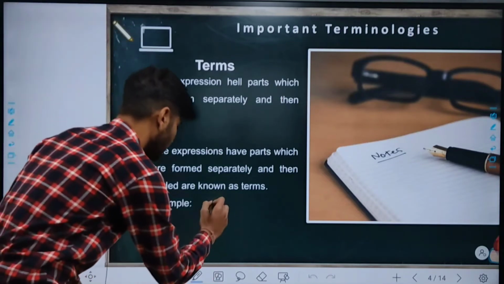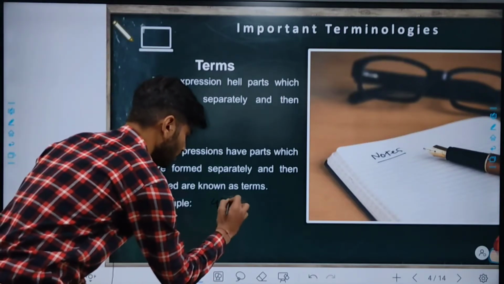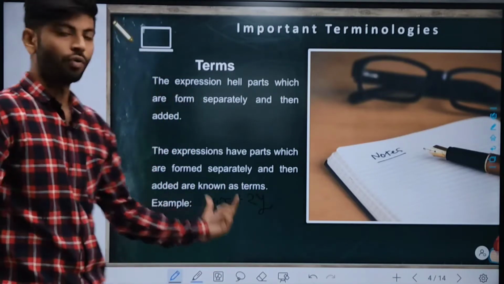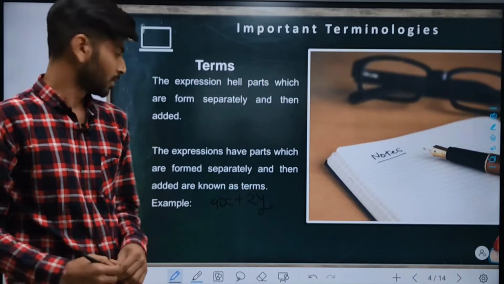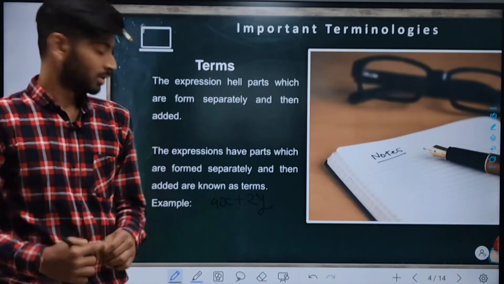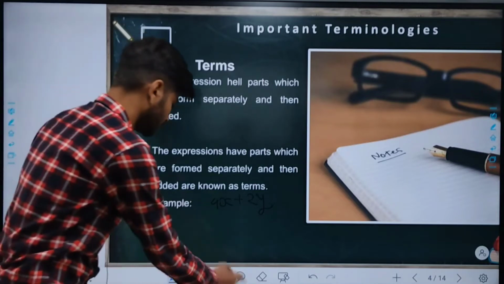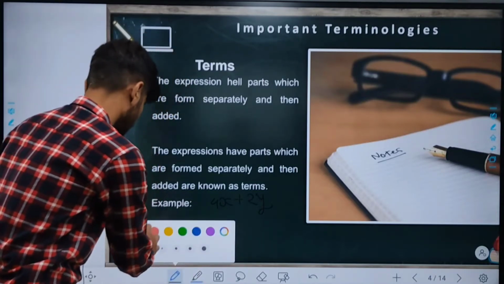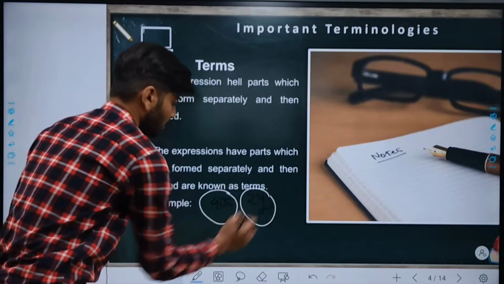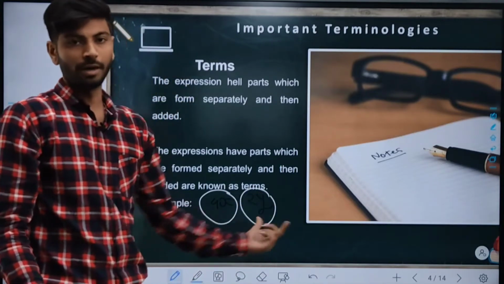Say 4x plus 2y. So in this expression, which are the terms? You can see there are two terms which are added.